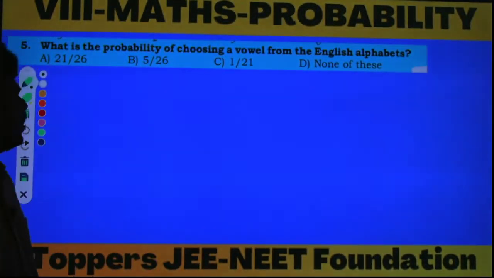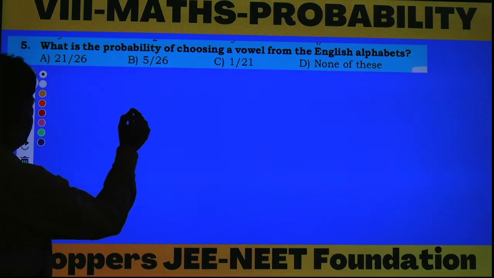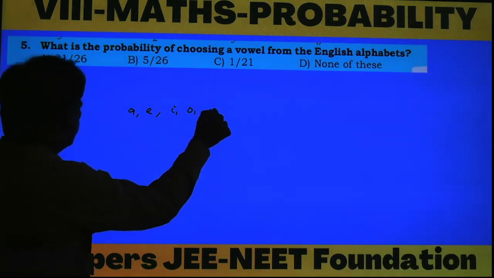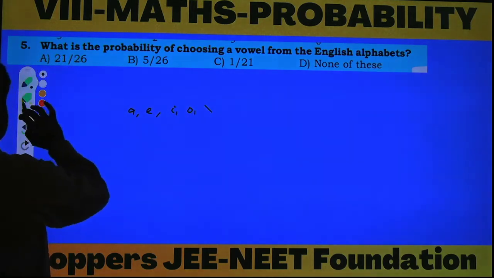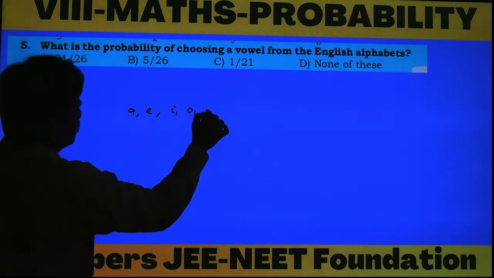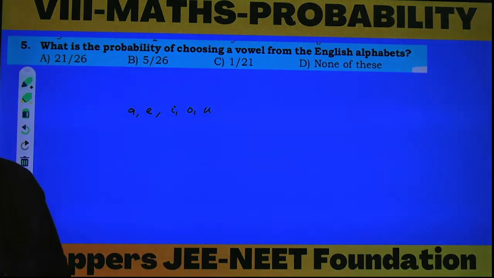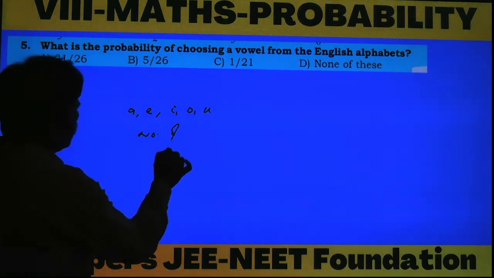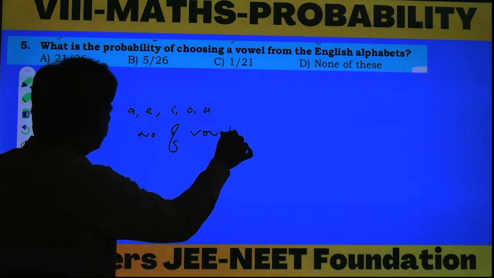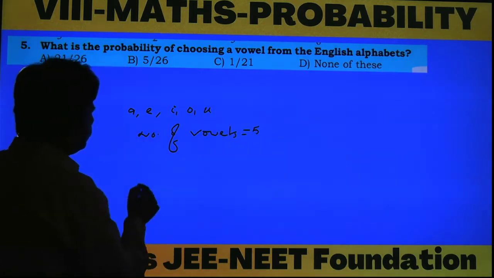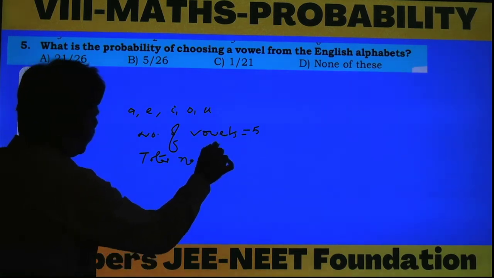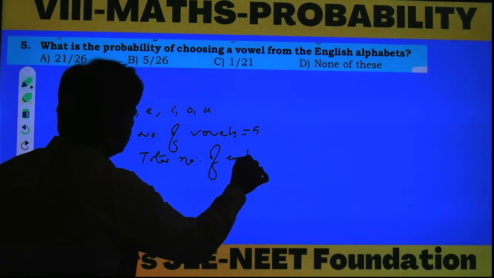Out of these 26, A, E, I, O and U are the vowels. So, the number of vowels is equal to 5, and the total number of English alphabets is equal to 26.